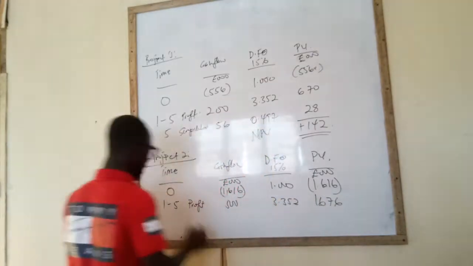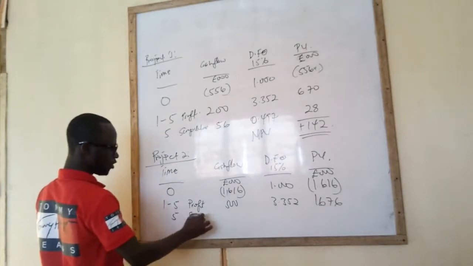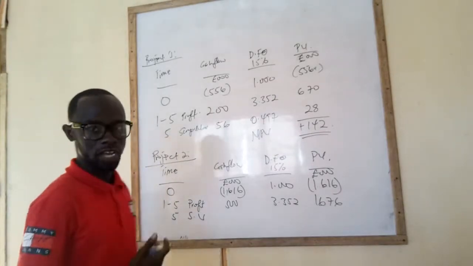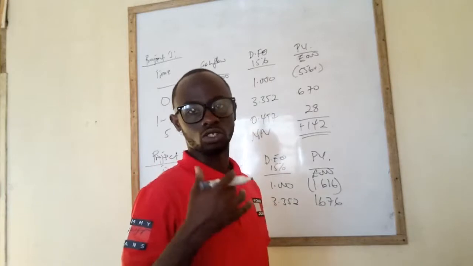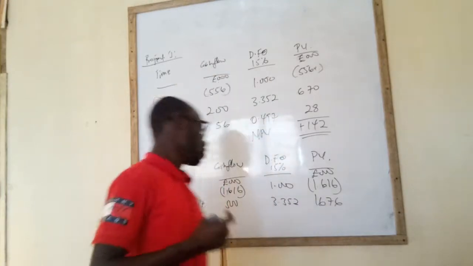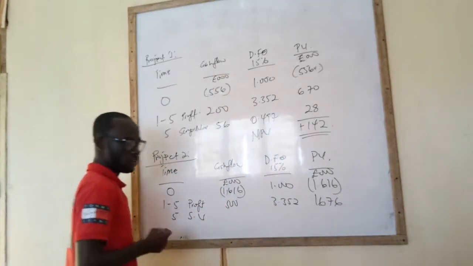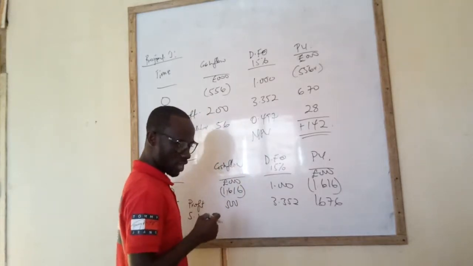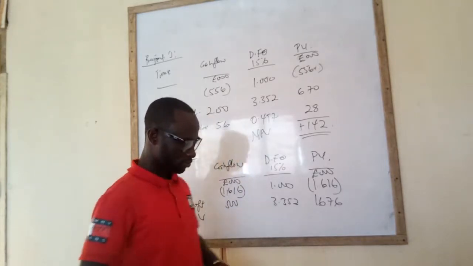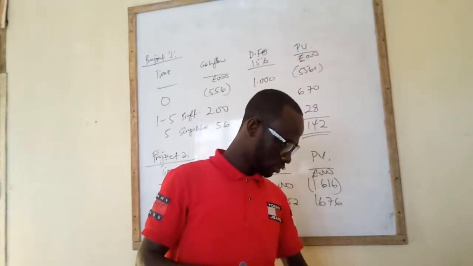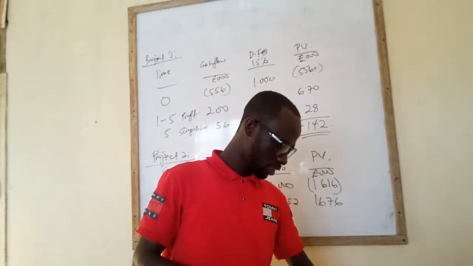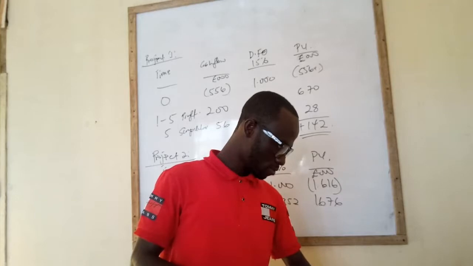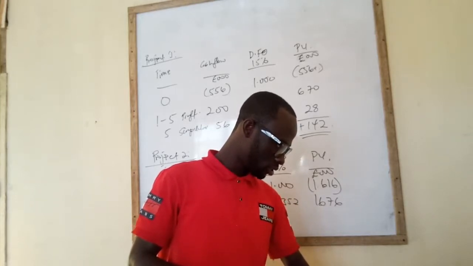And in the 5th year, scrap value of the asset, or the salvage value. Another name for scrap value is also what? The salvage value. So the salvage value of the 5th year for that asset, we are told, is 5,000. I think I missed something there. Let me go back to my slide and see what I missed.